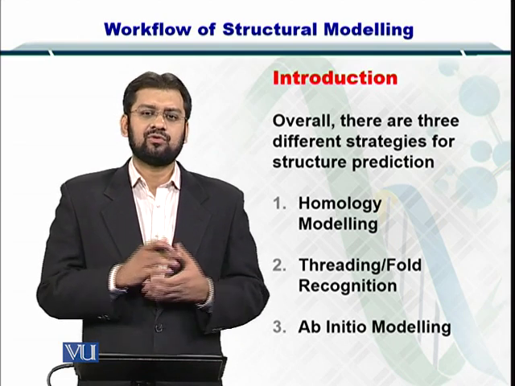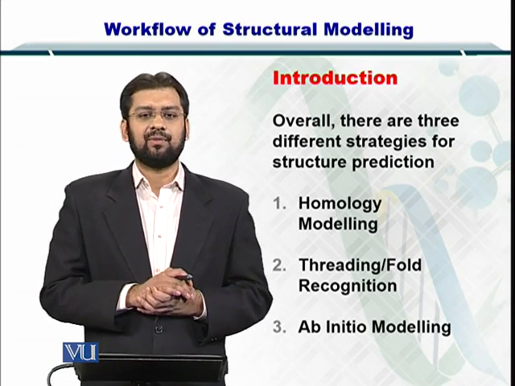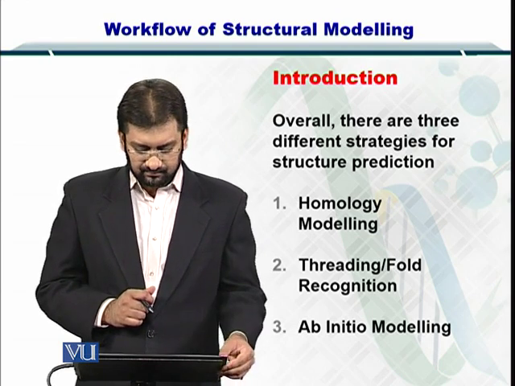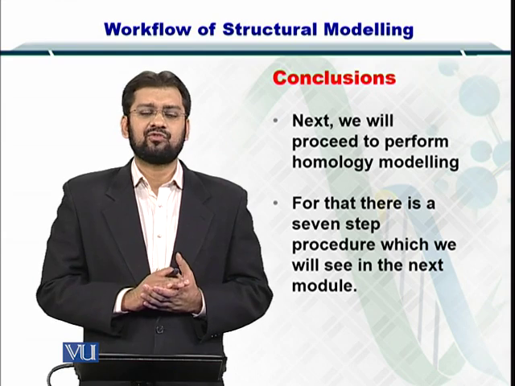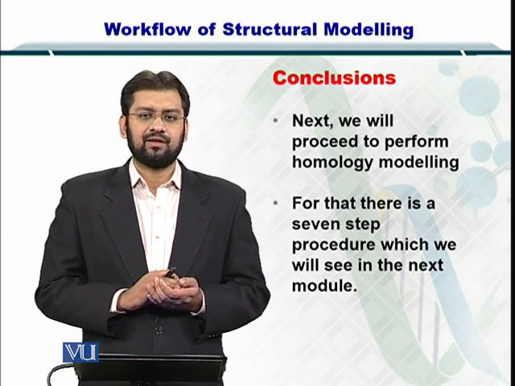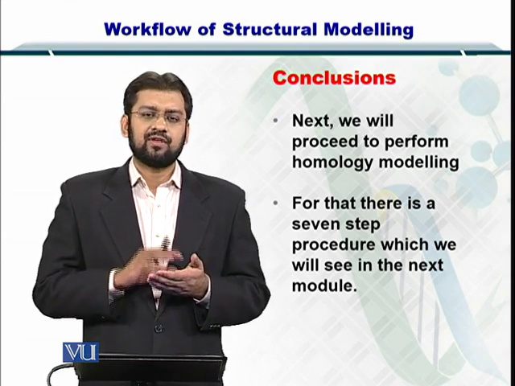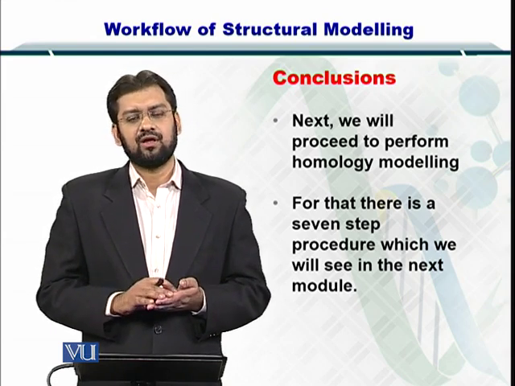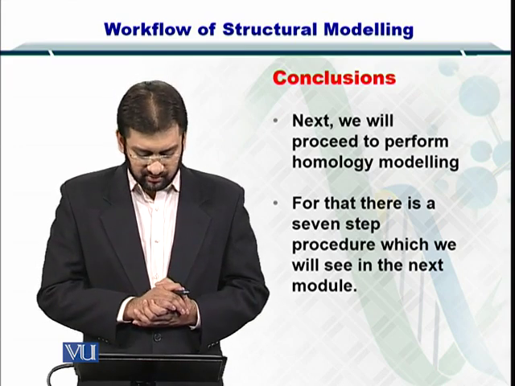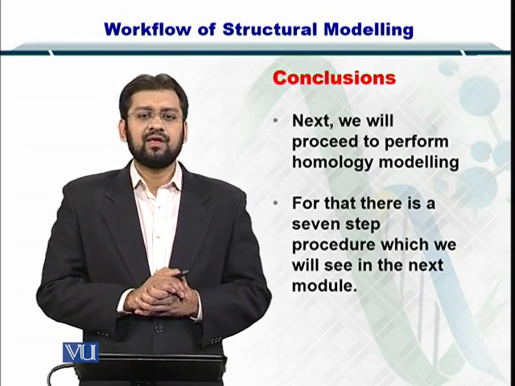And if that is also not possible, then you go for ab initio modeling. Next we will proceed to specifics of homology modeling. That is the 7 important steps to perform homology modeling towards predicting the structure of proteins. This we will see in the next module.